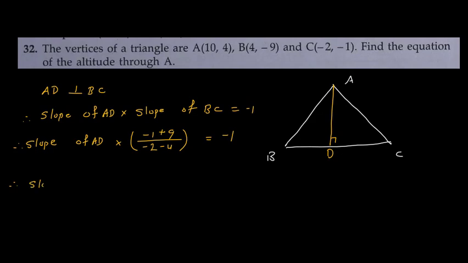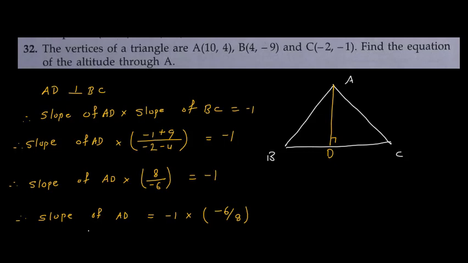So slope of AD multiplied by 8 divided by -6 is equal to -1. Therefore slope of AD is equal to -1 into -6 upon 8, that is 6 upon 8, which is 3 upon 4. So slope of AD is 3 upon 4.